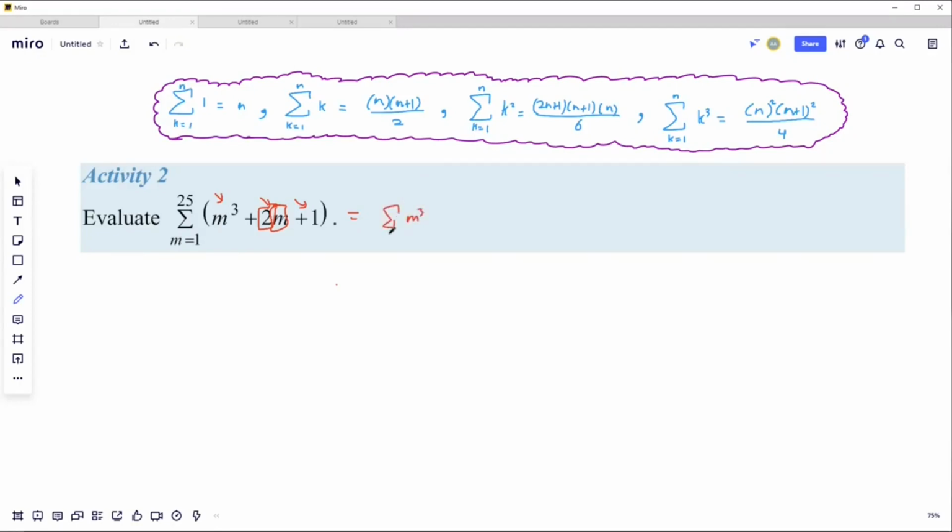You end up with the summation of m cubed from 1 to 25, plus 2 outside times the summation of m from 1 to 25, plus the summation of 1 from m equals 1 to 25, and this translates to that, this translates to that, and this translates to that. So just immediately write the rules.